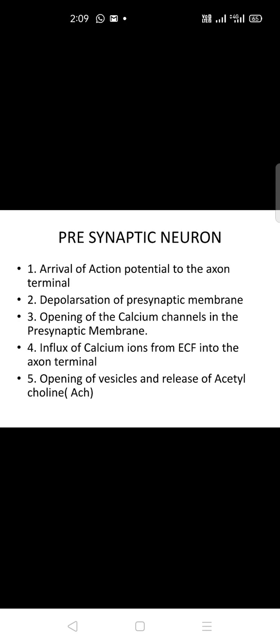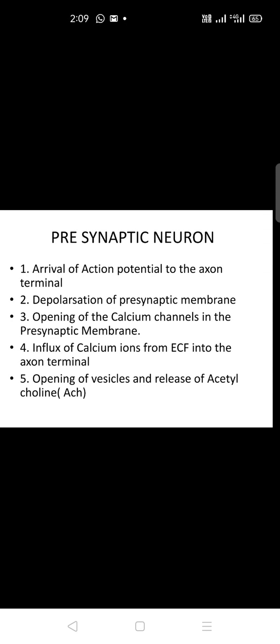So the influx of calcium from ECF into the axon terminal, this is presynaptic. We are talking only about presynaptic. So the opening of the vesicles occurs and the release of the ACH, that is the neurotransmitter acetylcholine, occurs.